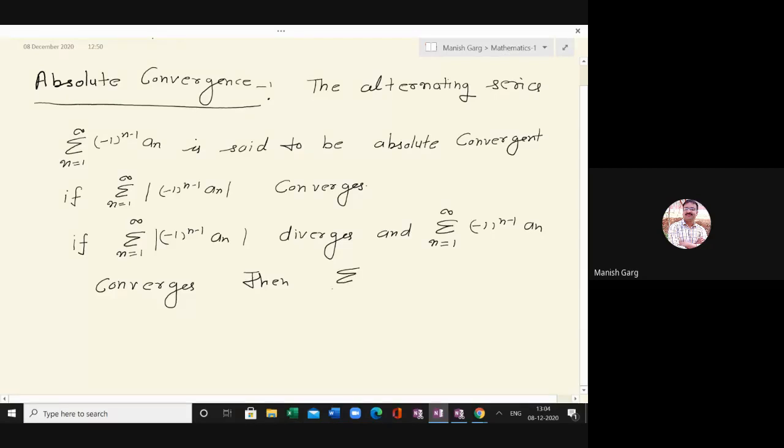Then this series is called conditionally convergent.